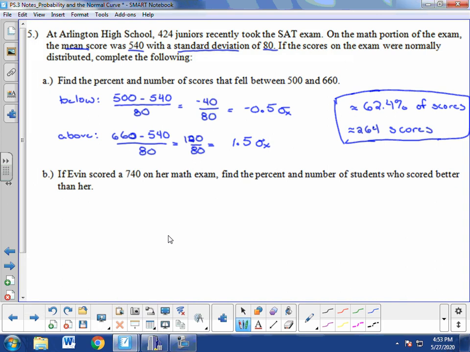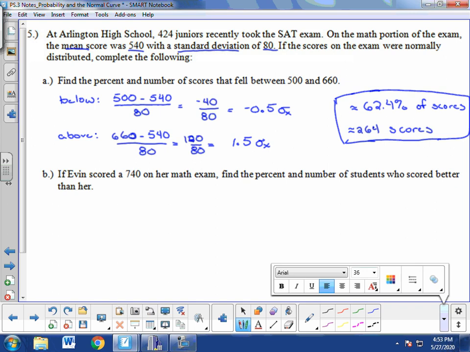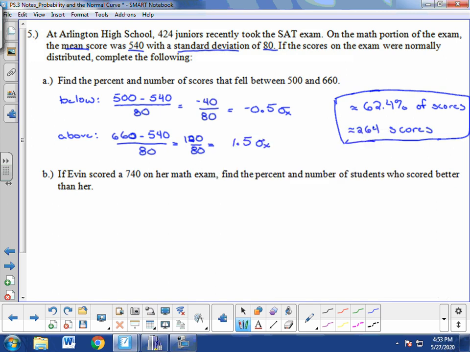If Evan scored a 740 on her math exam, find the percent and number of students who scored better than she did. So in this case, we're just looking for people that scored better than she scored. So we know that her score was 740 here. We know that the mean was 540.